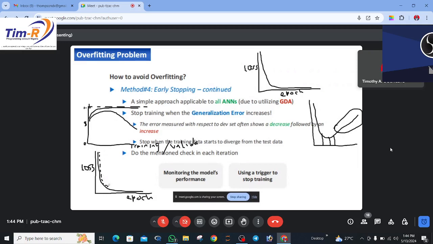But in the case whereby we have something like this, let me use it again. We have this going this way, the thick line for the training, the dotted line for the validation.